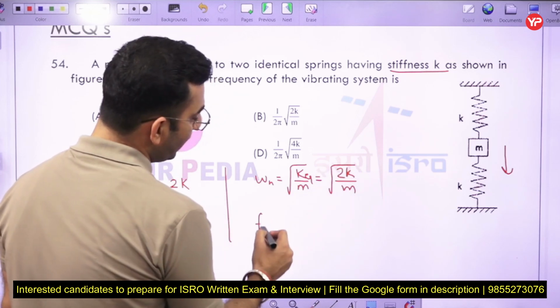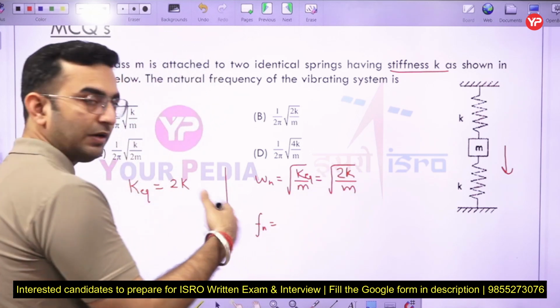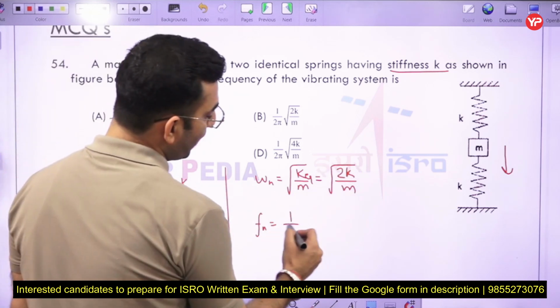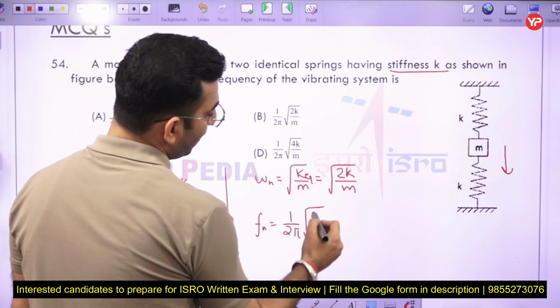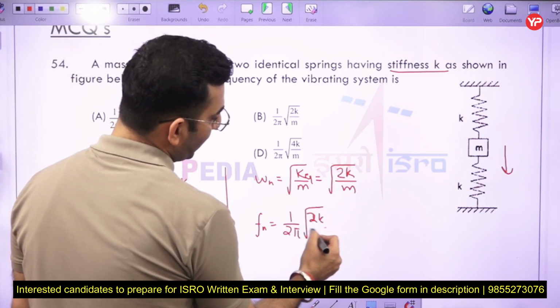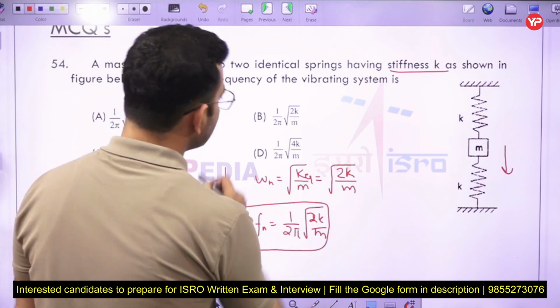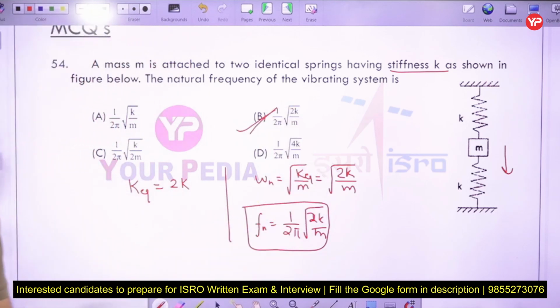The linear frequency will become equal to 1 by 2 pi multiplied by the square root of 2k by m. So in this case option B will be the correct one. Again, that's a very simple case here.